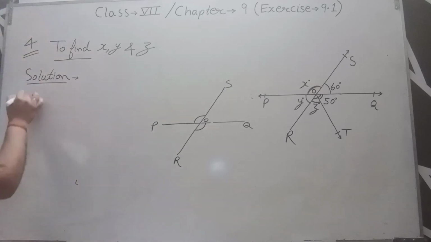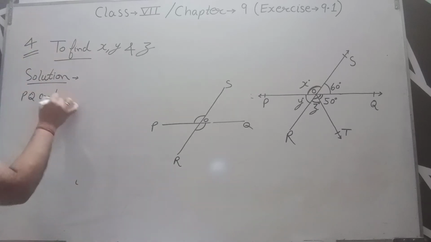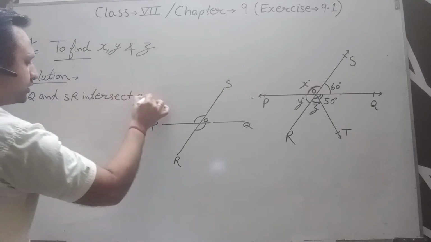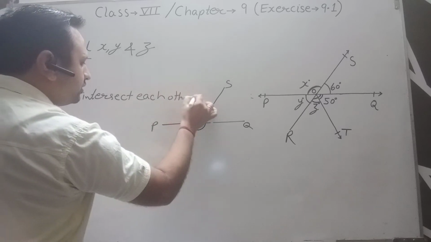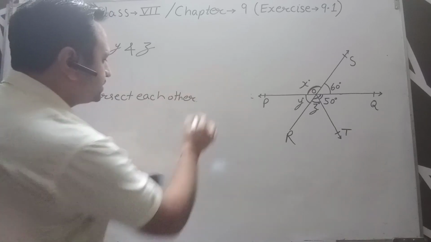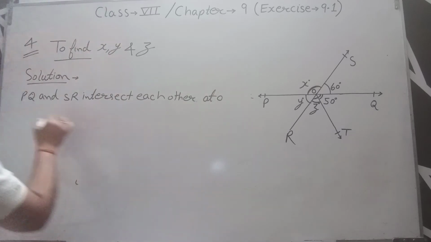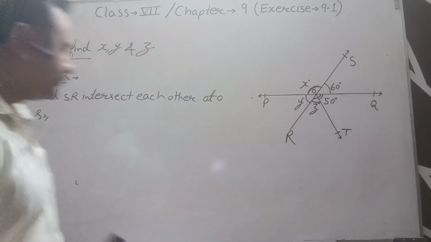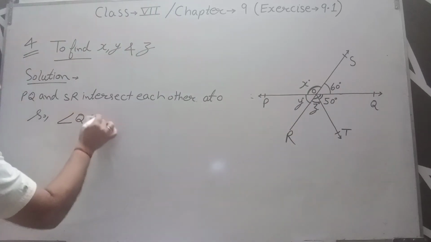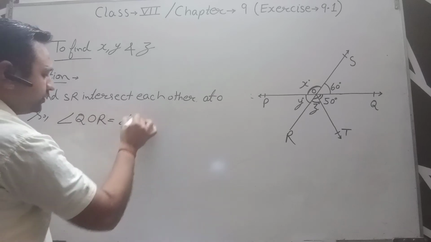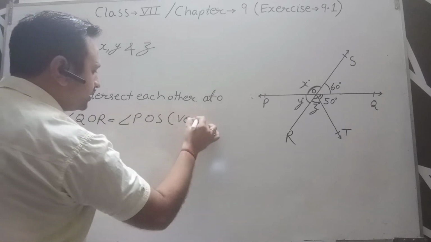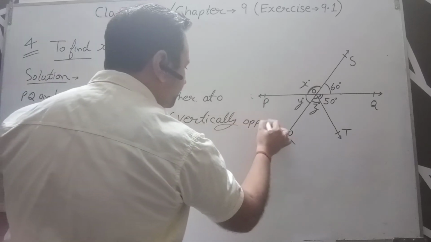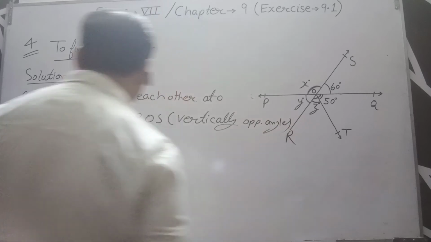So we note down: PQ and SR intersect each other at O. So angle QOR is equal to angle POS. Reason again, vertically opposite angles.